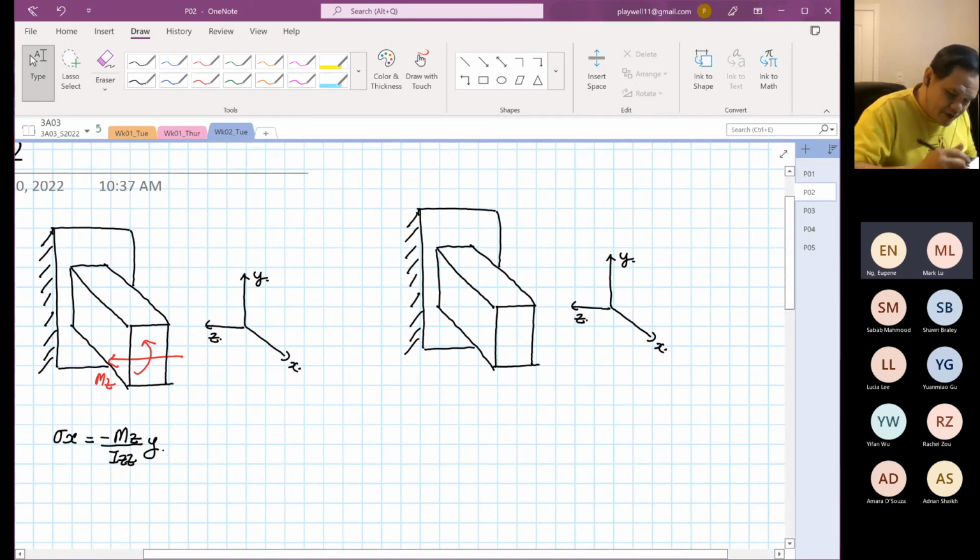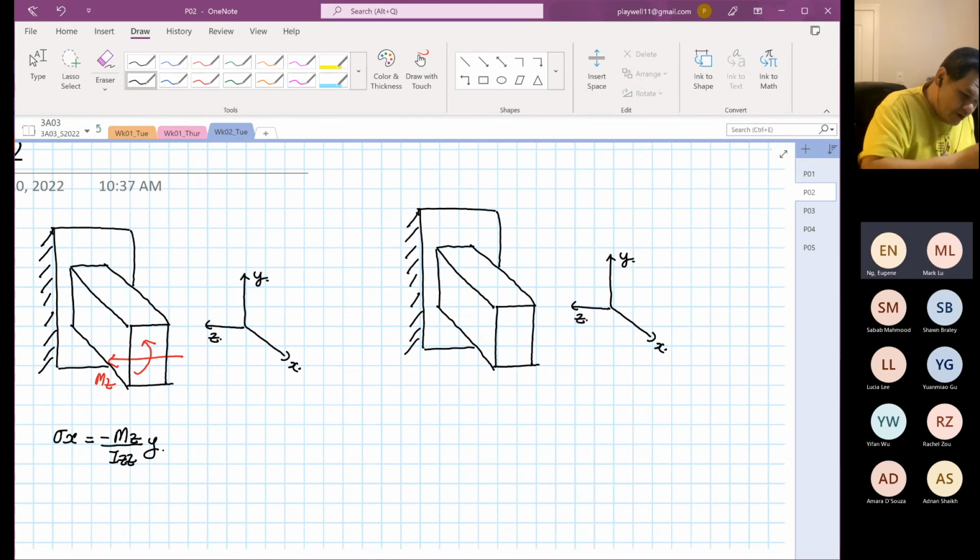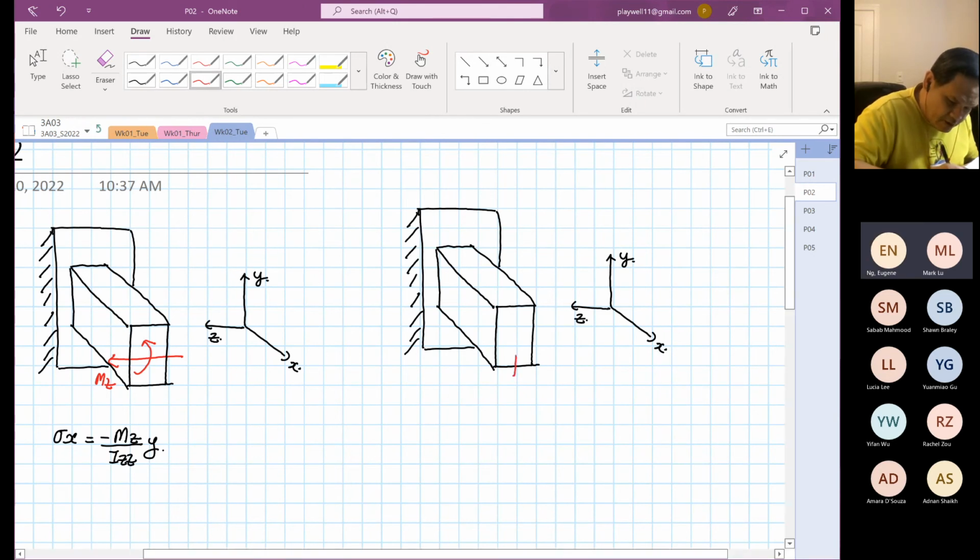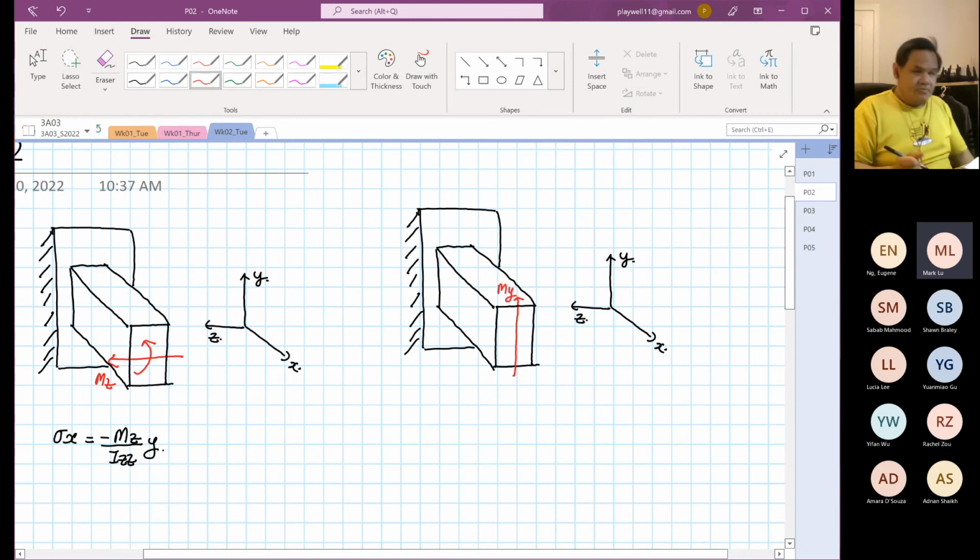Or if we have another situation where the moment is applied along the y-axis, this will be our moment about y. You use the right hand rule, and that's how the moment vector looks.